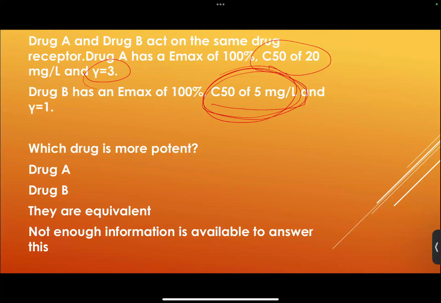Which is more potent? What are we going to look at? The relative C50s? Oh, you had 40 and 5. Whatever the lower one is, right. I'm sorry, I must have copied the wrong question. Whatever the lower number is going to be the winner, yes? So I apologize, I got the wrong one, but there are several variations of that question.